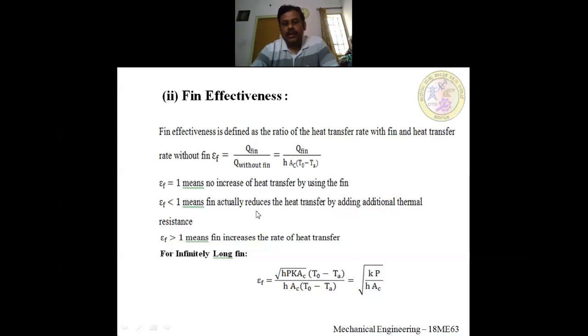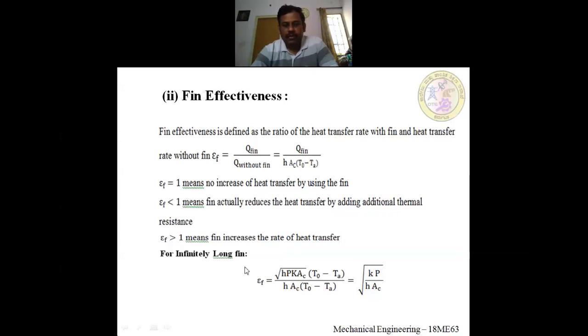Instead of increasing the heat transfer, it is going to reduce it. If effectiveness is greater than 1, it will enhance, or increase, the rate of heat transfer. So by knowing these values, you can tell whether putting the fin will increase or decrease the heat transfer. For one of the cases, I have derived the effectiveness, a small derivation.